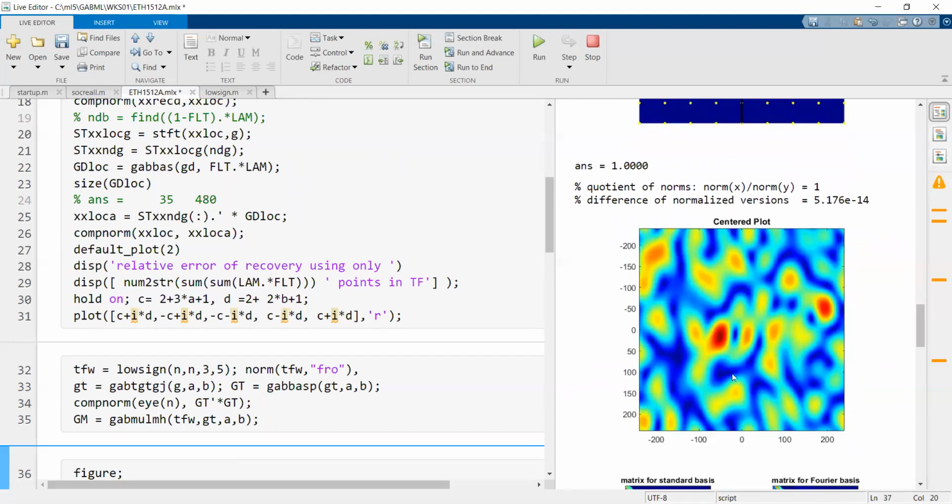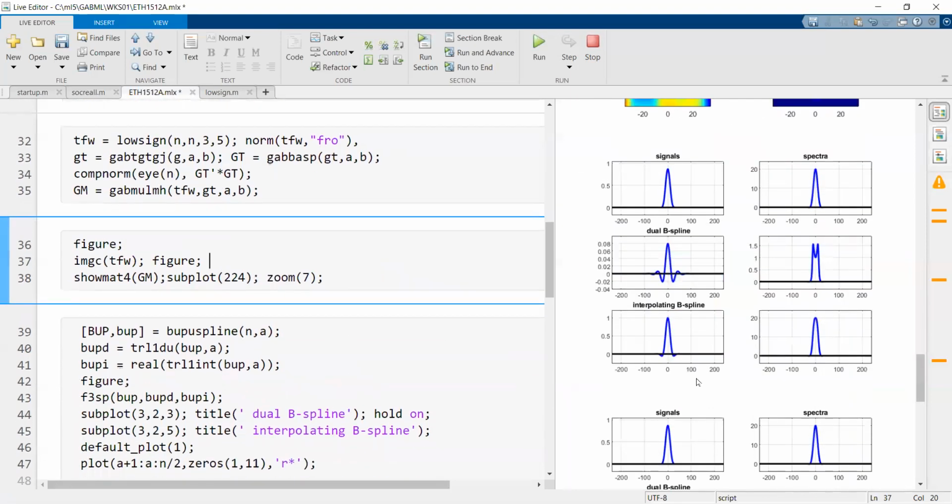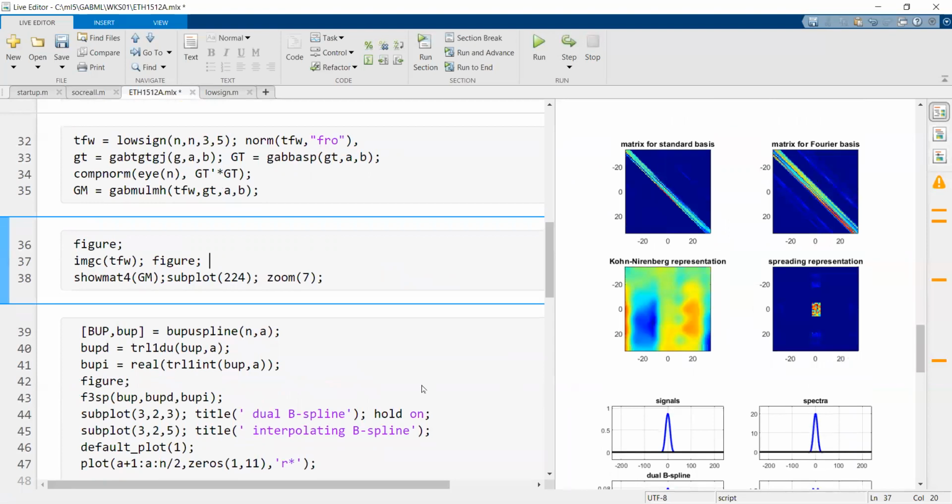The next one was the plot of our weight function, and a representation of the signal in 3 different domains. Now, what you can see here is that I'm computing a Gabor... So what is the operator now?